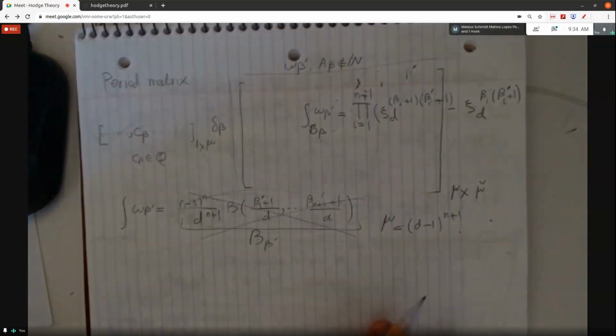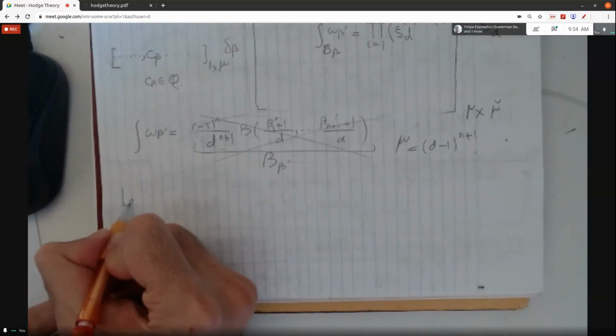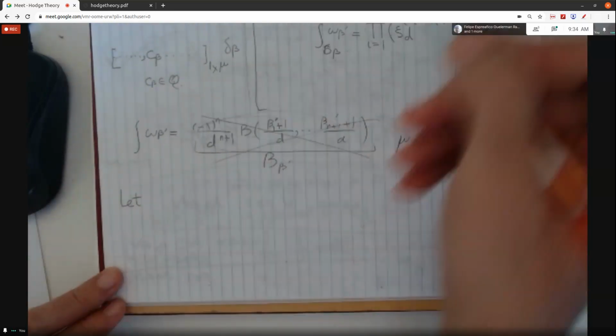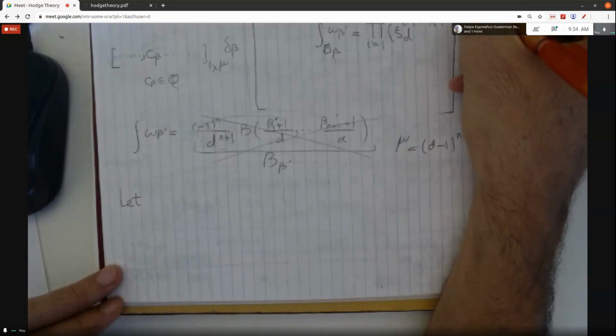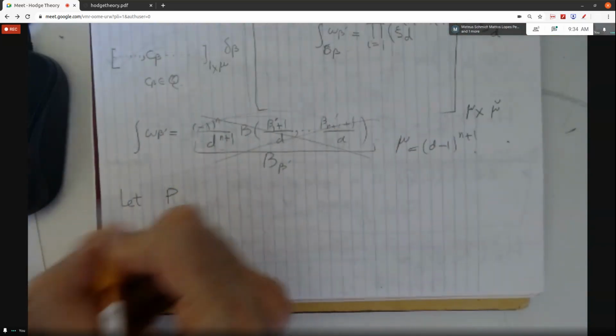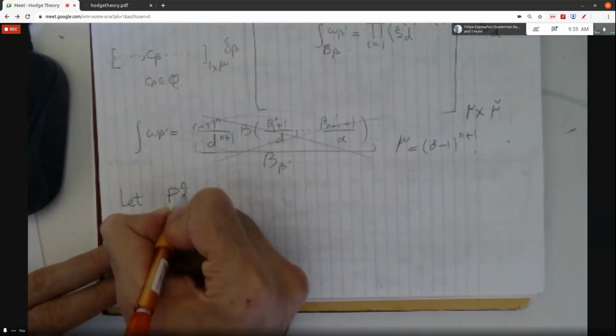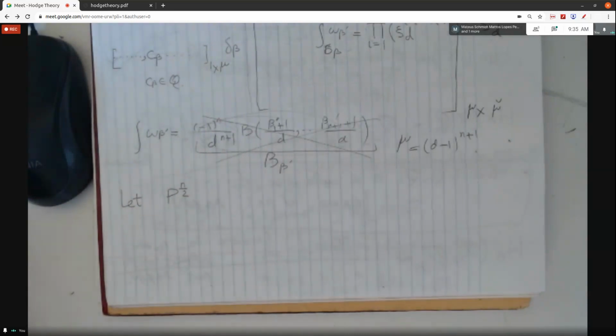And okay, so let's call this one P matrix P. What is the notation in my notes?